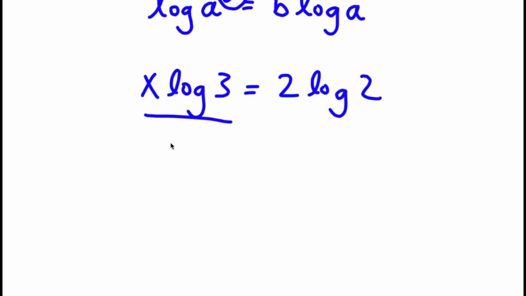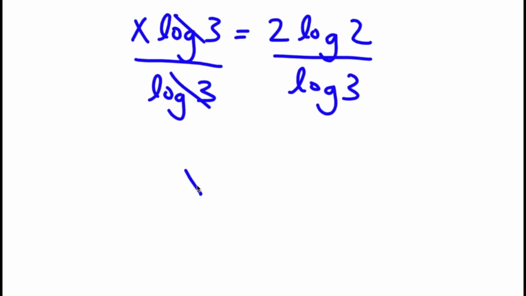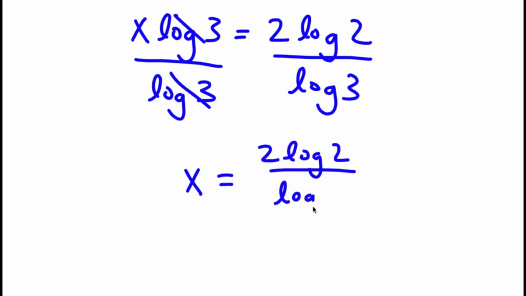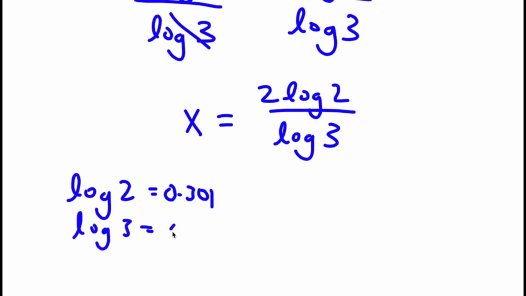Now to solve this, I'm going to divide both sides by log 3. And these two cancel out. Now I'm left with x is equal to 2 times log 2 over log 3. Now log 2, this is equal to 0.301, and log 3, this is equal to 0.4771.